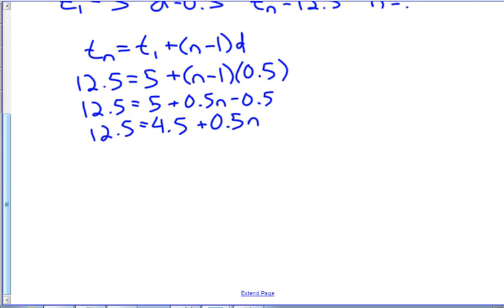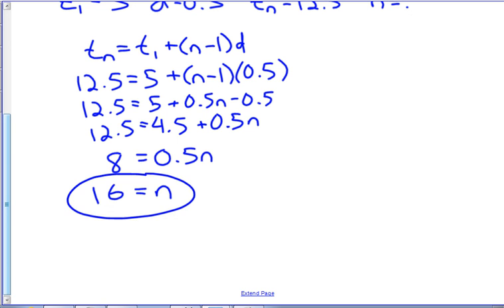Subtract 4.5 from both sides, and we get 8 equals 0.5n. You can either divide by 0.5 or multiply by 2. And we get n equals 16. There are going to be 16 terms in that sequence by the time you get to 12.5. So 16th week.